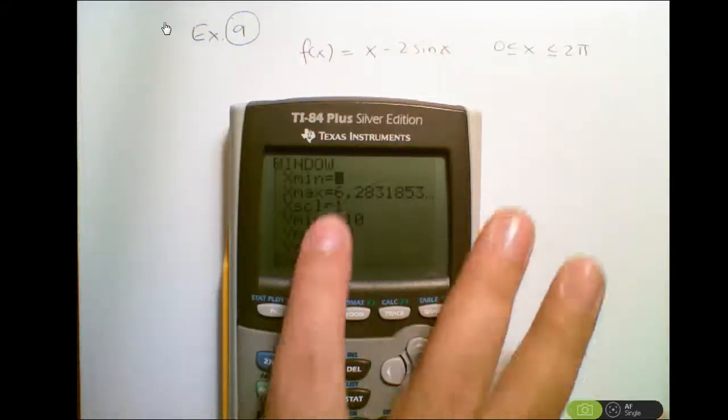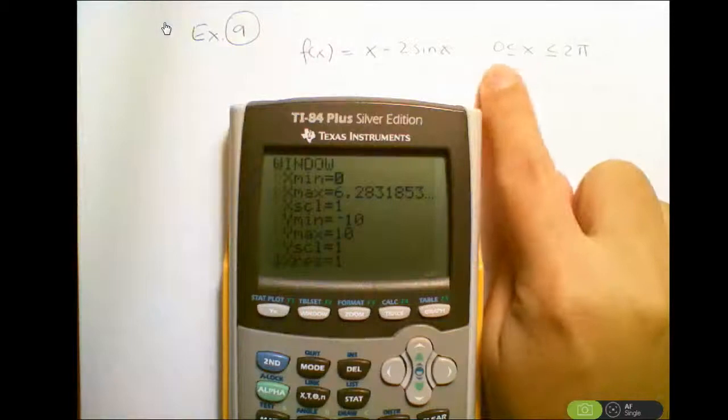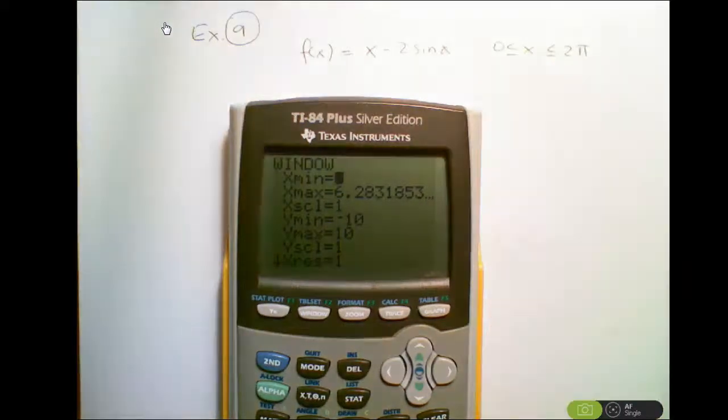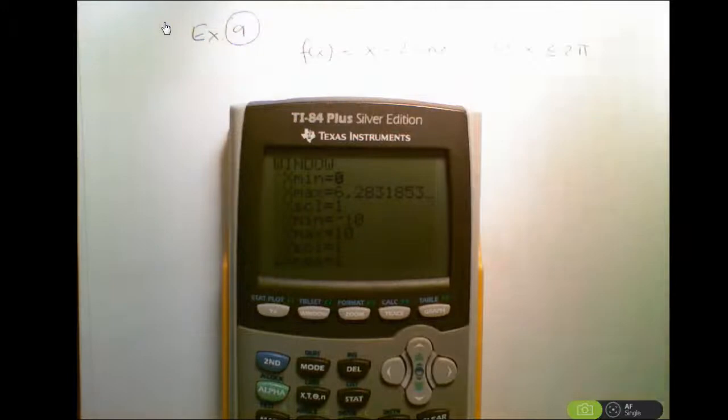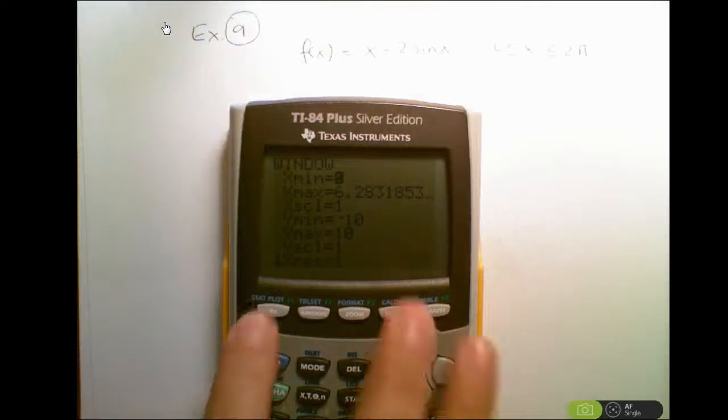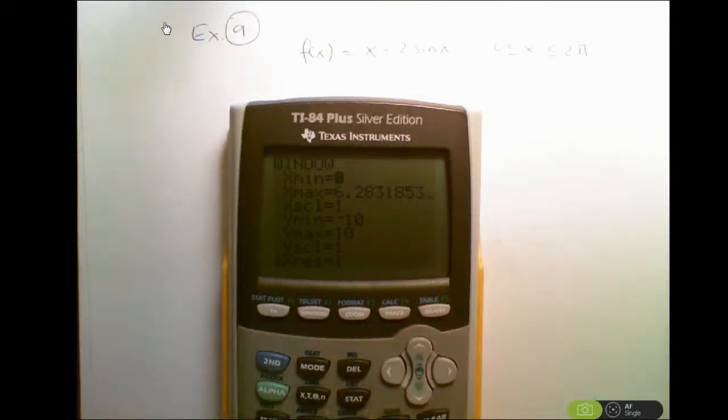The window, since they are giving me an interval between 0 to 2 pi, then definitely I want to include that on my window. So in here you can actually put, well, I put the 0 already, but you can put 2 pi and the calculator will know that you're talking about that number.